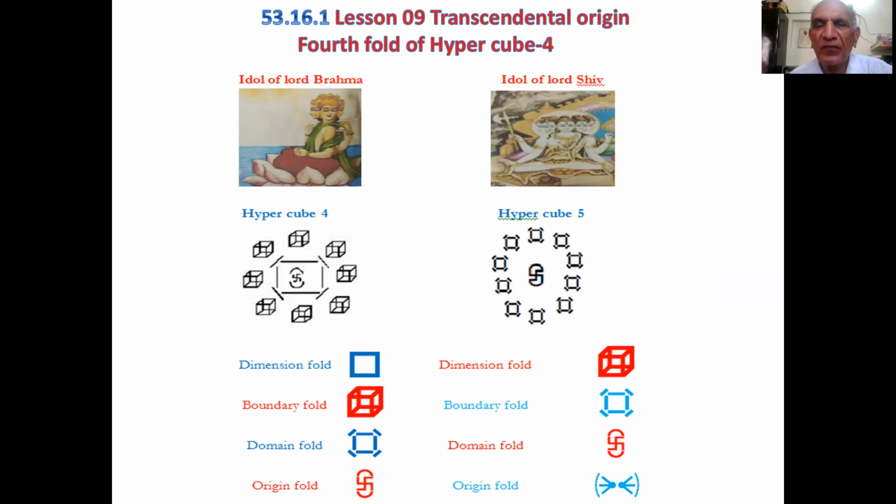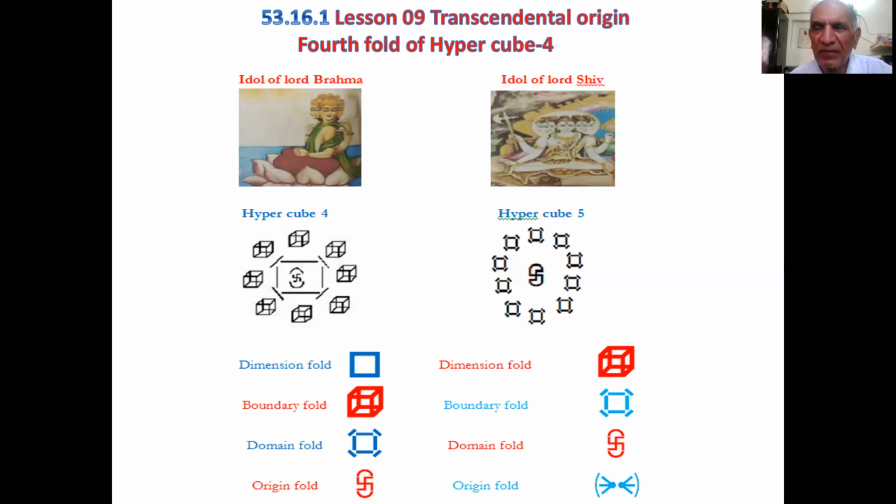Today, we are focusing upon the transcendental origin of 4-space. 4-space is presided over by Lord Brahma. 5-space is presided over by Lord Shiva. Lord Brahma is a 4-headed Lord. Lord Shiva is a 5-headed Lord. The idol of Lord Brahma provides the format for manifestation of different dimensional space bodies within 4-space.